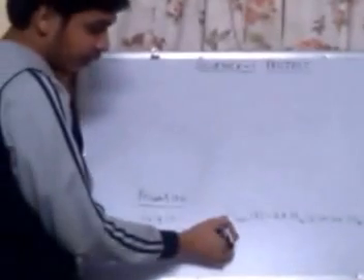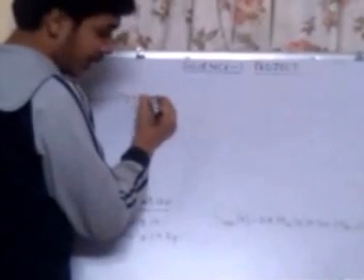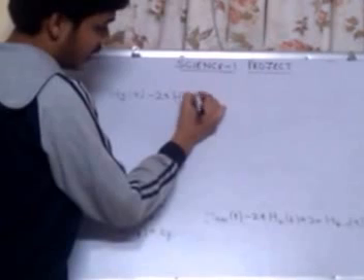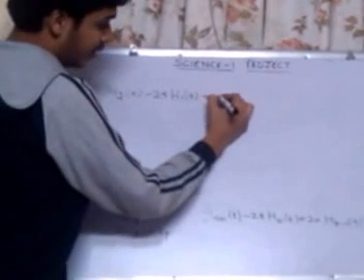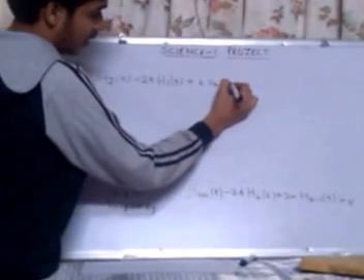Now, let us determine the value of H2 by using this recursive relation. Put n is equal to 1 in this equation, we get H2 of t minus 2t H1 of t plus 2 H0 of t is equal to 0.